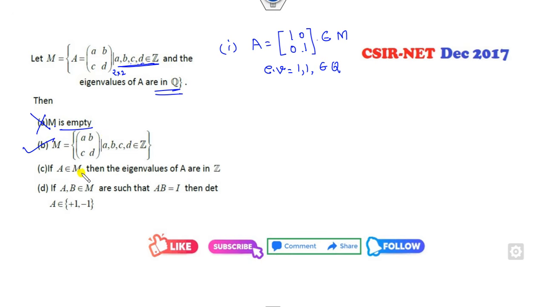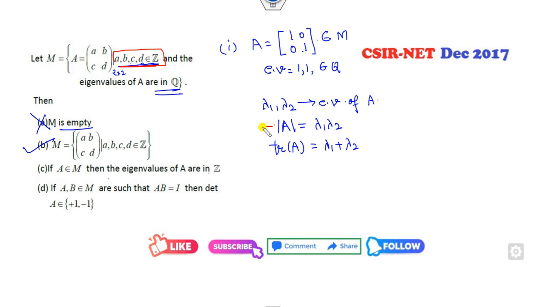If A belongs to M, then the eigenvalues of A are in Z. If I say lambda 1 and lambda 2 are the eigenvalues of A, then the determinant of A will be this number, and the trace is this number. Now a, b, c, d are integers, so definitely the determinant is also an integer, and the trace is also an integer. Once the sum of them is an integer and the product of them is an integer, the roots will also be integers. So yes, this option is also a correct option.